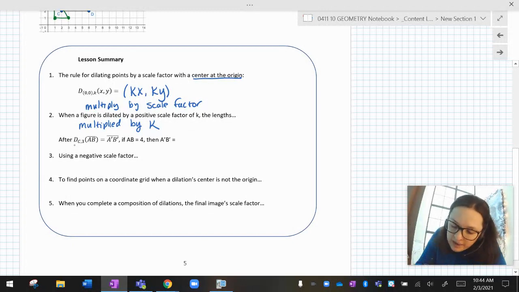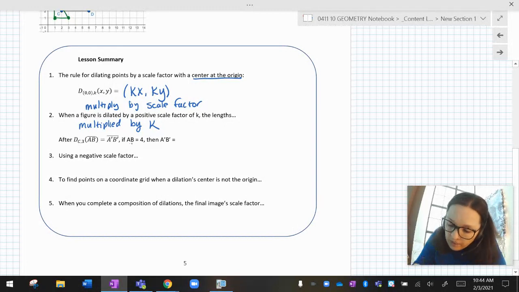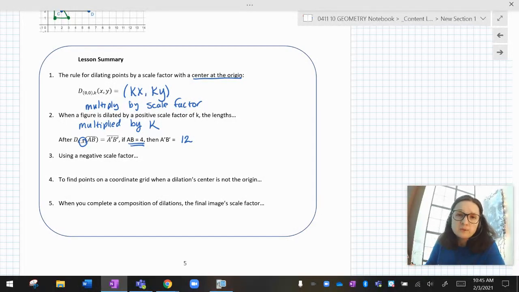So if I dilate from center C with a scale factor of 3 and AB becomes A prime B prime, then if my original length is 4 and I scale factored it by 3, I get a length of 12. Long story short, when you multiply by a scale factor, that's what happens to the lengths. If you multiply by negative scale factor, you just ignore the negative for the lengths.